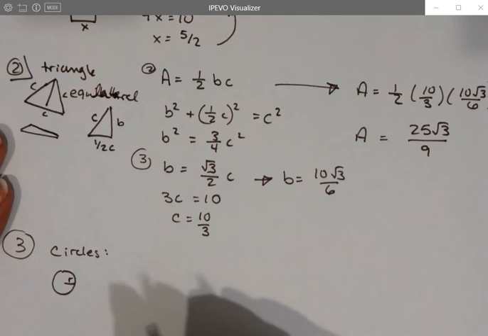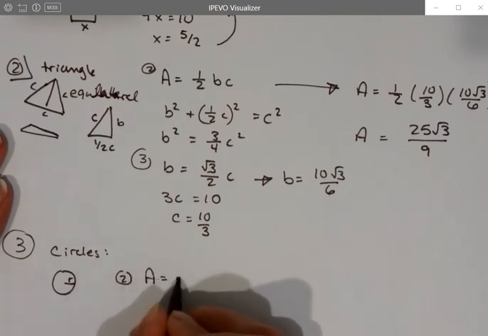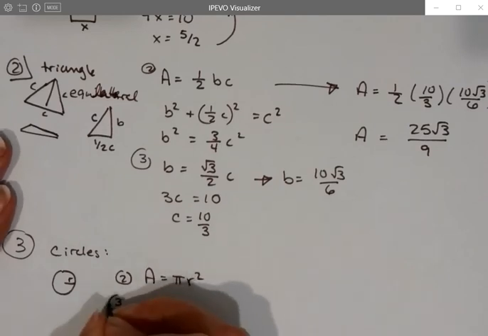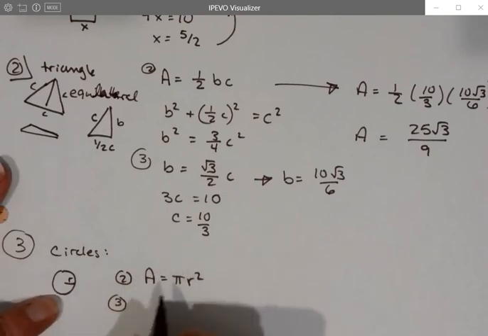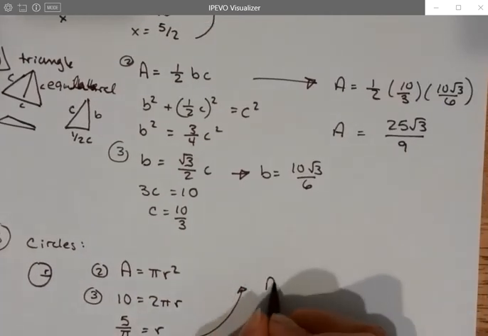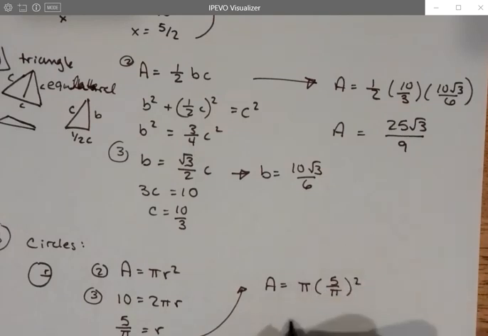So my objective function would be area equals pi r squared, and the constraint is that the circumference needs to be 10, so 10 is equal to 2 pi r, and so 5 divided by pi is equal to r. Plugging that into our area function gives us an area for the circle of pi times 5 divided by pi, squared, so that gives us 25 divided by pi.